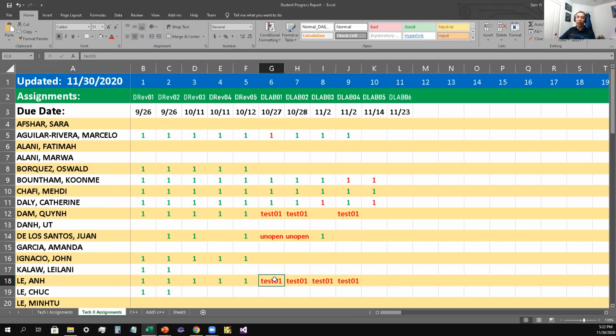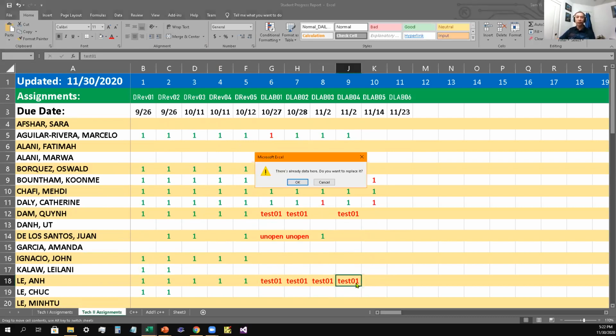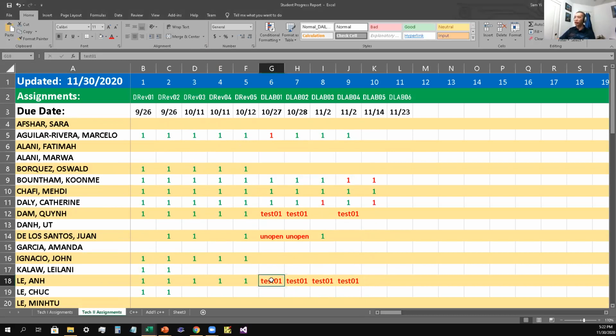If this one fails, it's going to keep failing throughout the other tests. So make sure you do the first one the right way and follow that process. If you keep doing it this way, it's going to keep failing. All right, any questions?